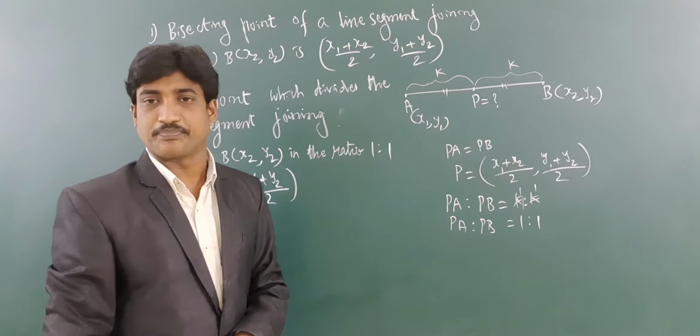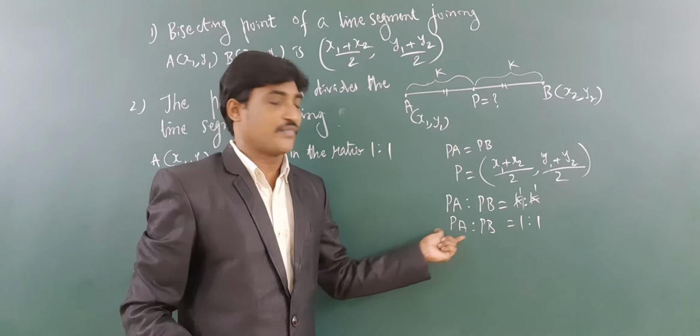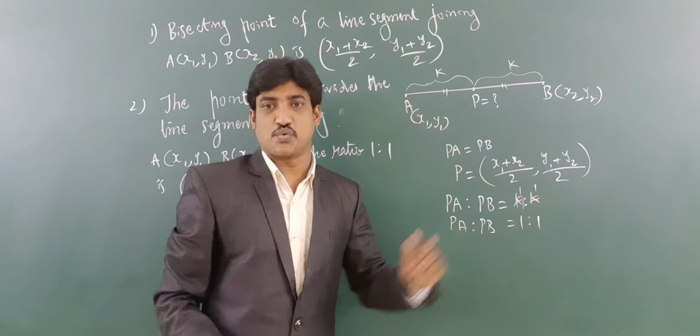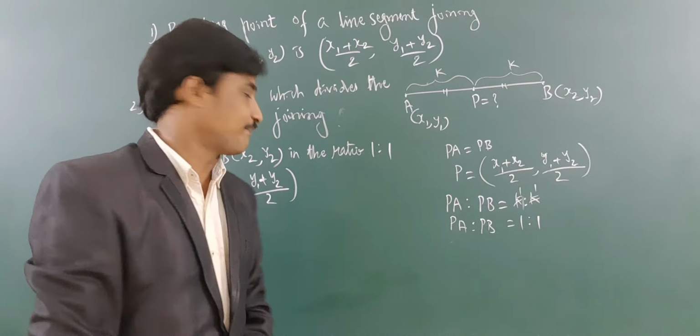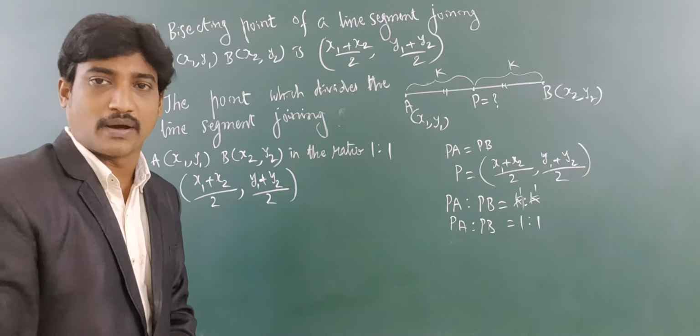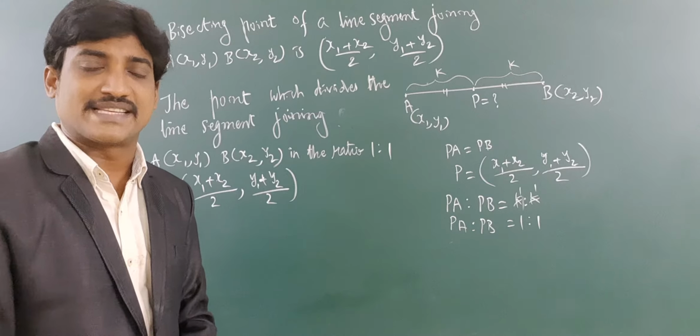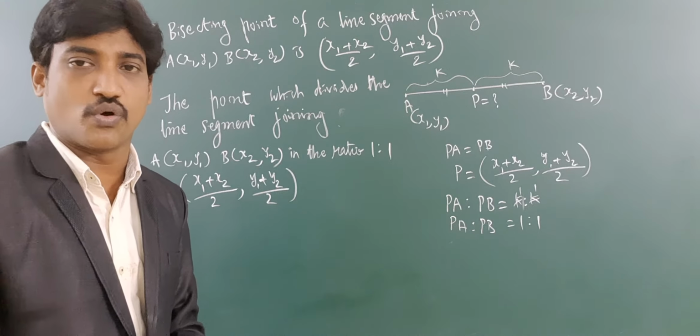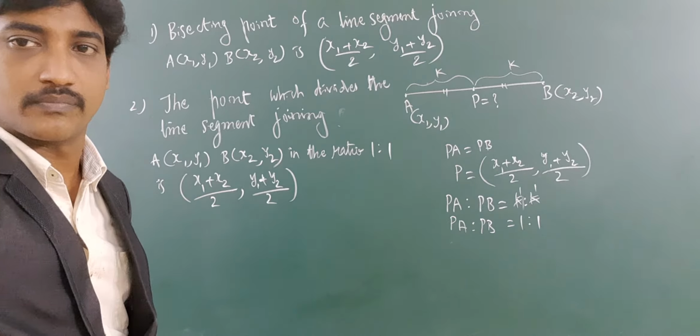If P is not the midpoint, if P is not dividing in the ratio of 1 is to 1, at that time we cannot use this formula. We can use the section formula. Let us go with the section formula. There is a line segment AB.